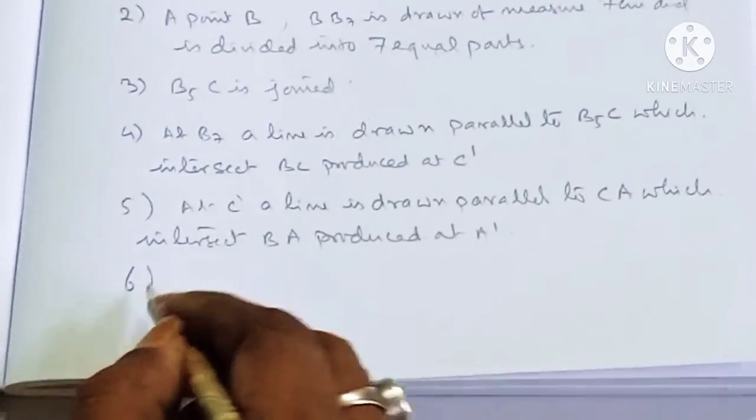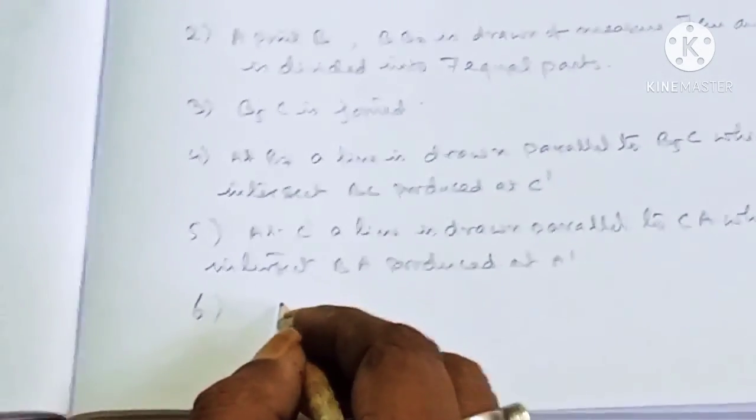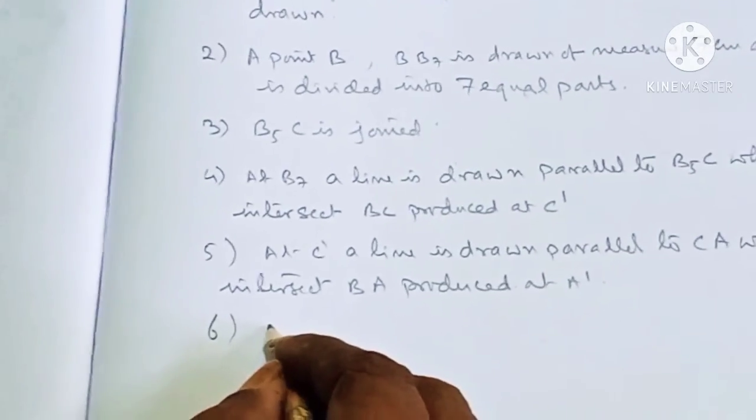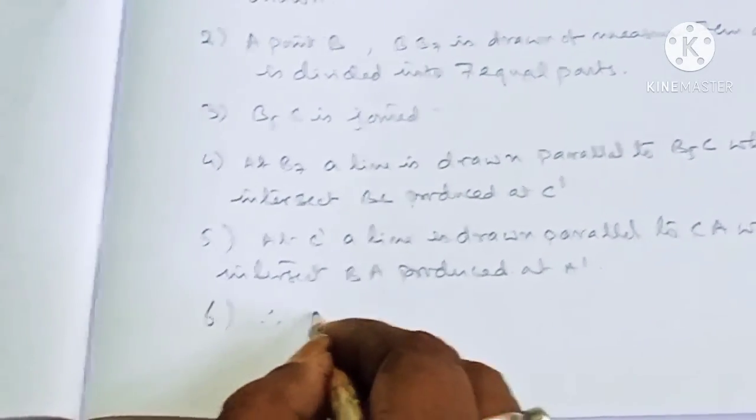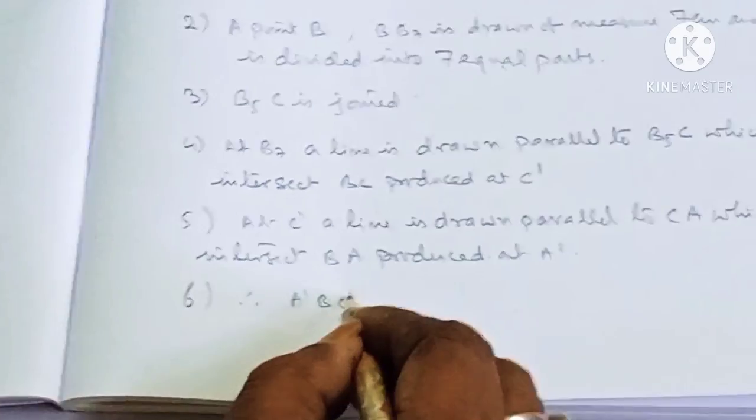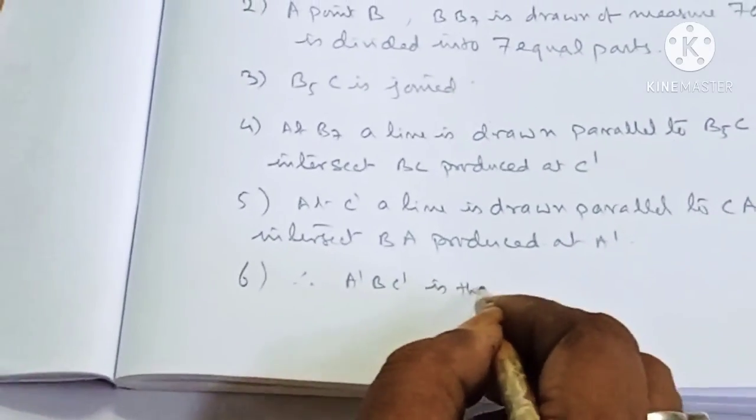So we get from here, so therefore A dash B C dash is the triangle.